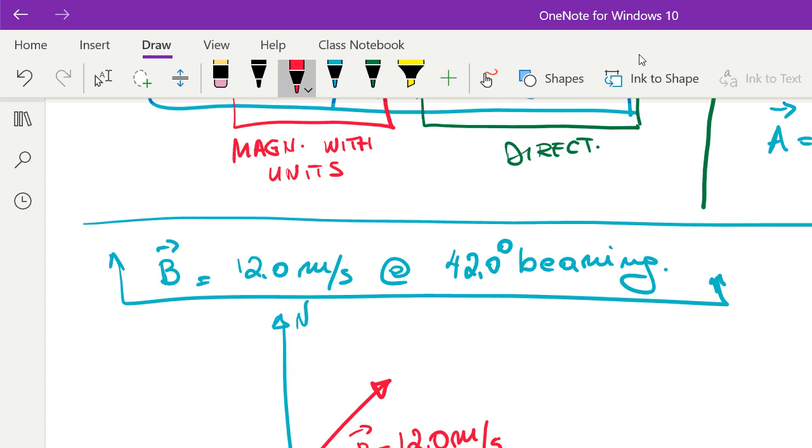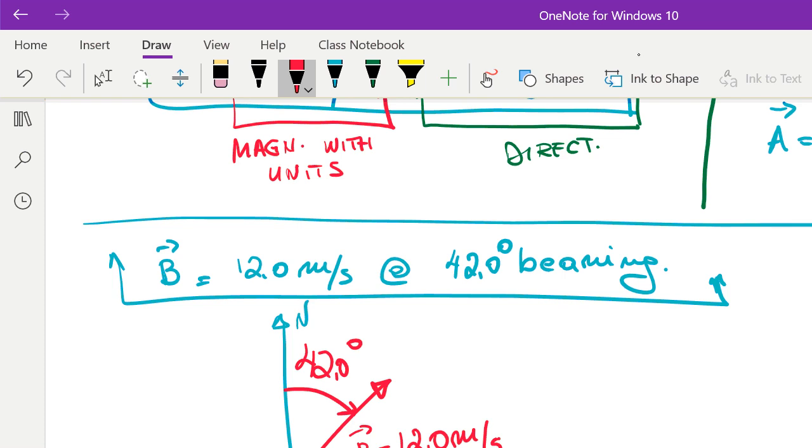And now you will move to the bearing. It is clockwise at 42 degrees with the north axis. This is how you will represent the given vector.